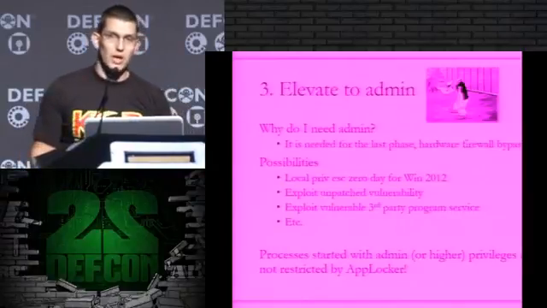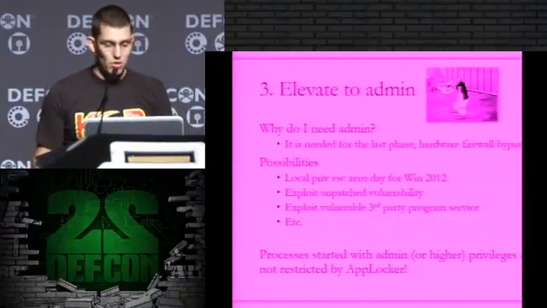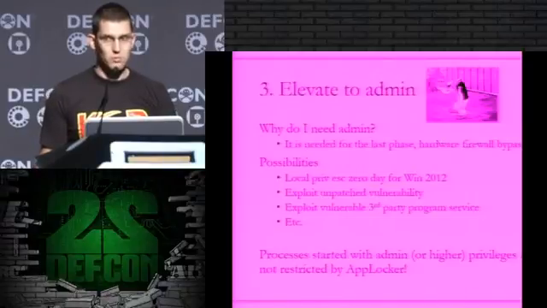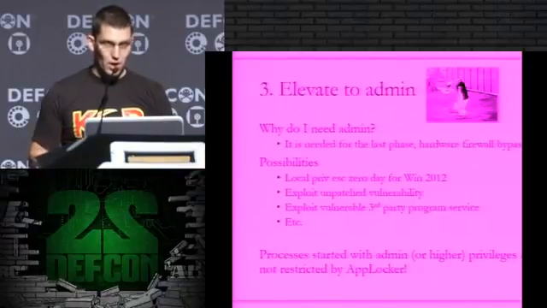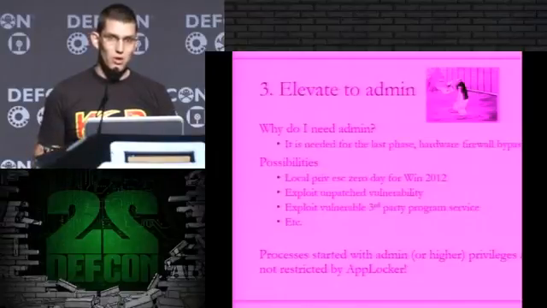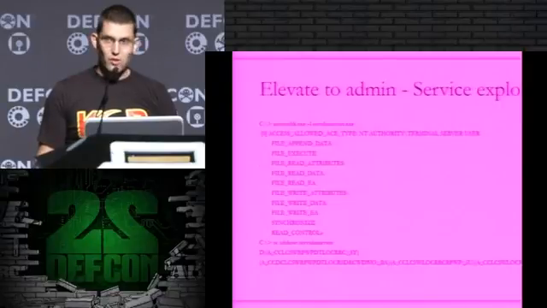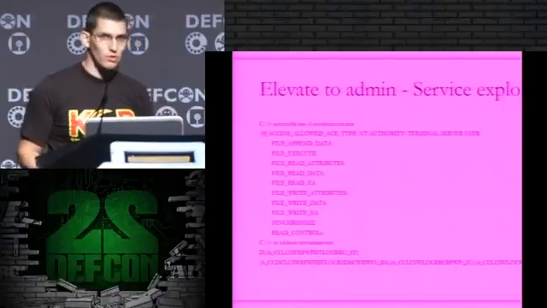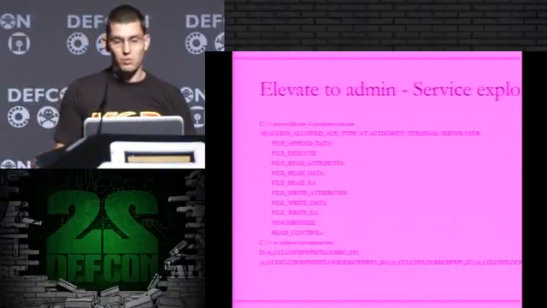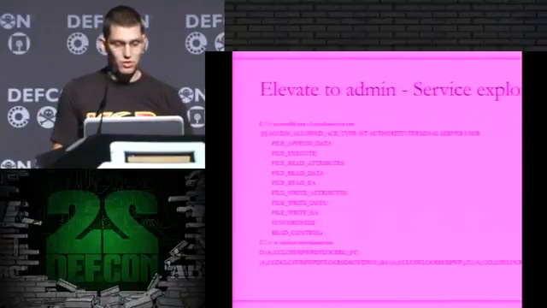Or last but not least, I can search for a vulnerable third-party service, for example, for privilege escalation. And don't forget that after I have admin level, I'm not restricted by AppLocker at all. And in my case, I have chosen the third one by exploiting a vulnerable third-party service.